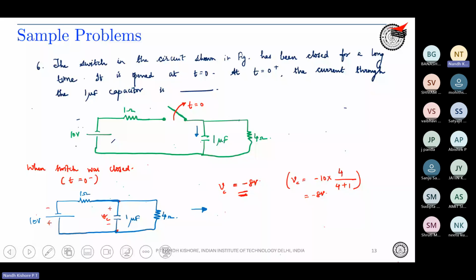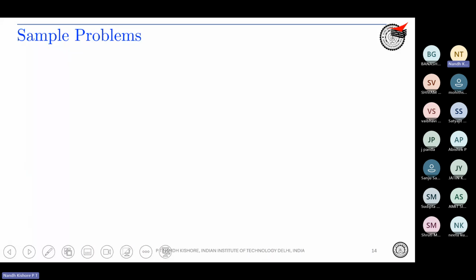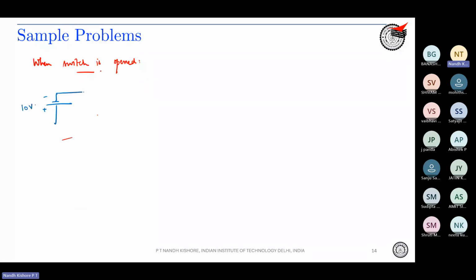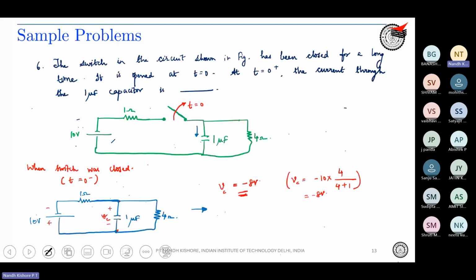Now the question is, what is the current when the switch is opened? Let's draw the circuit when the switch is opened. Again, you're having 10 volts, and 1 ohm over here.